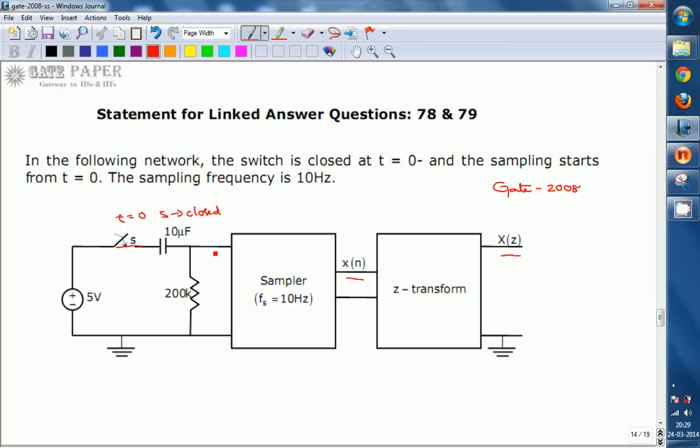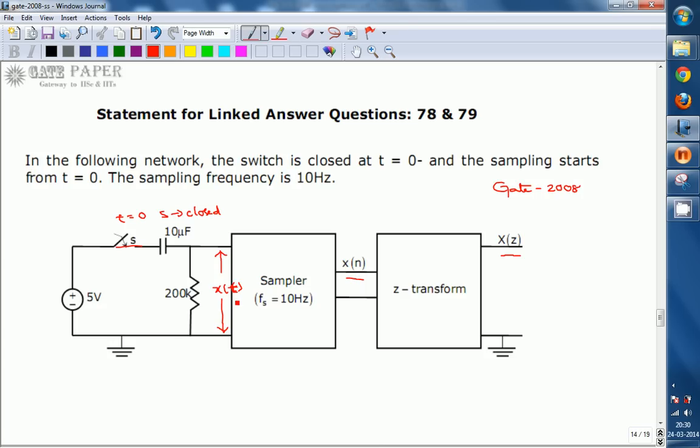Then we need the output across this resistor, represented with x of t. This is the analog output across the resistor. After getting x of t, by applying sampling at a rate of 10 Hz, we will get x of n. So here we need to find the expression for x of t.